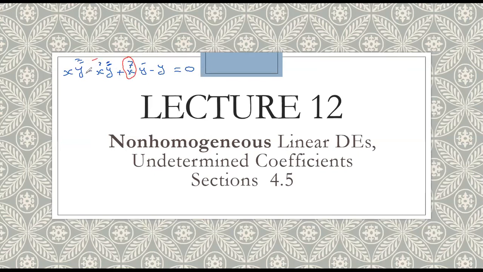Look at those coefficients, they aren't constant. So we didn't study how to solve this equation, and today also I can't solve it. Maybe tomorrow I will teach a new technique to solve the equation if the coefficients are not constant functions.